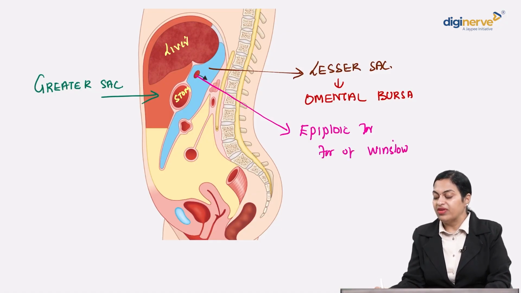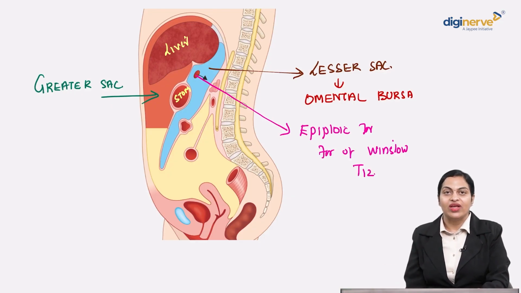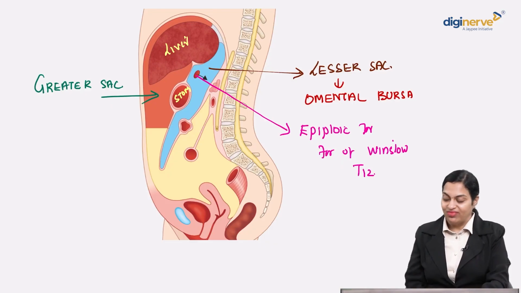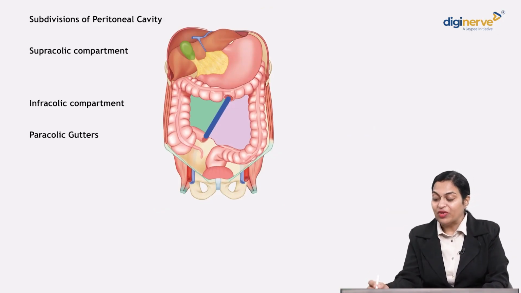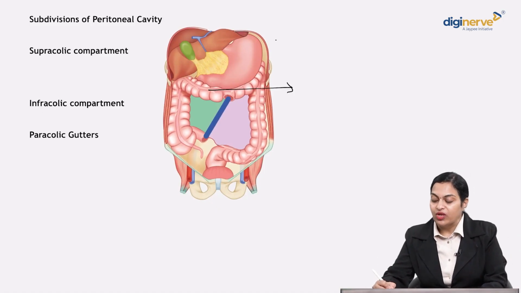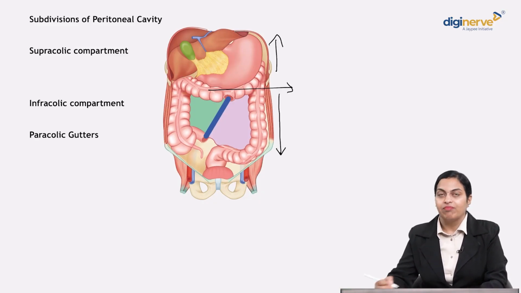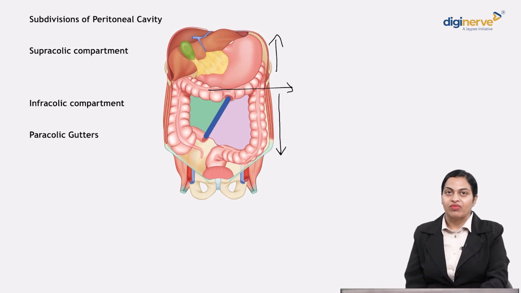Its vertebral level corresponds to T12. The boundaries of it, you can have a look into the session in abdomen on peritoneal cavity, right? Now, this peritoneal cavity is going to be divided by the presence of the transverse colon into a supracolic compartment above the transverse colon and the infracolic compartment below, right?